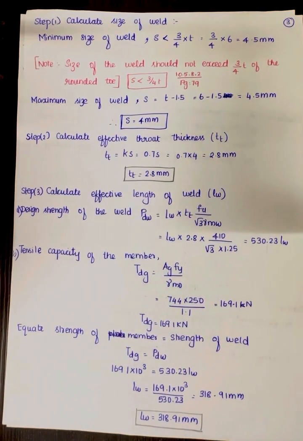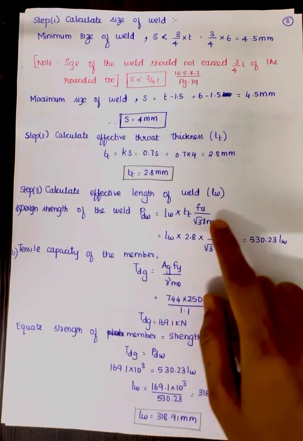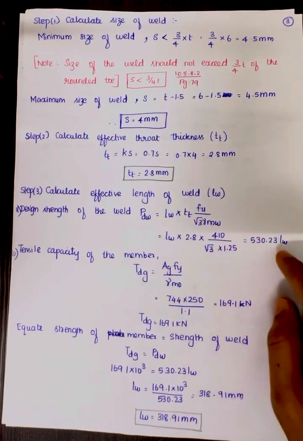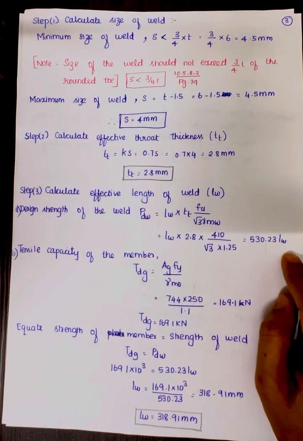Next is the calculation of the effective length of the weld. So, design strength of the weld will be PDW is equal to LW into TT FU by root 3 gamma MW. Here we will get PDW in terms of LW. TT, you have identified throat thickness. These values you know, so substitute and you find PDW in terms of LW.